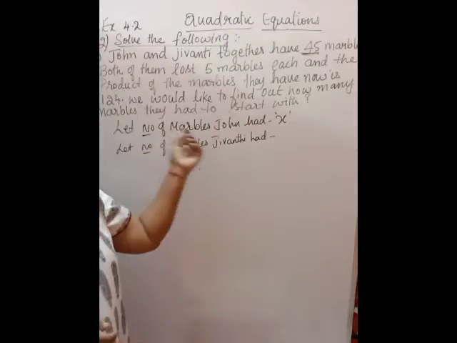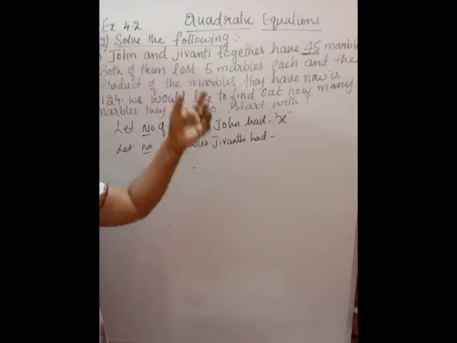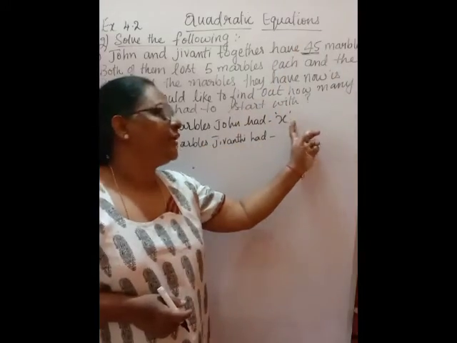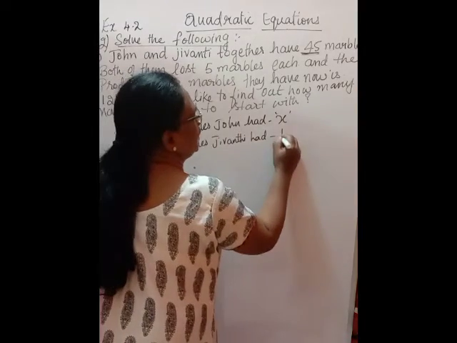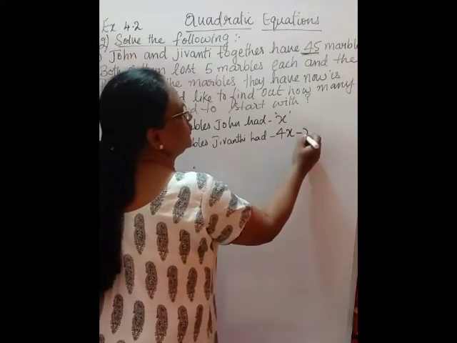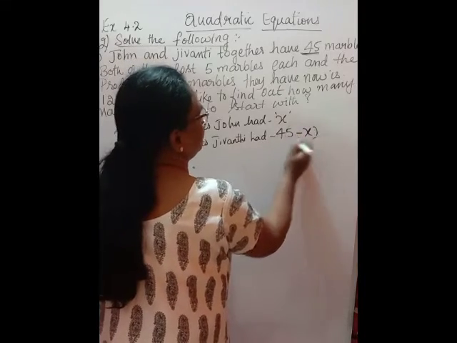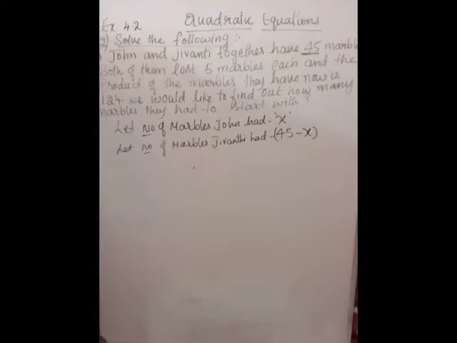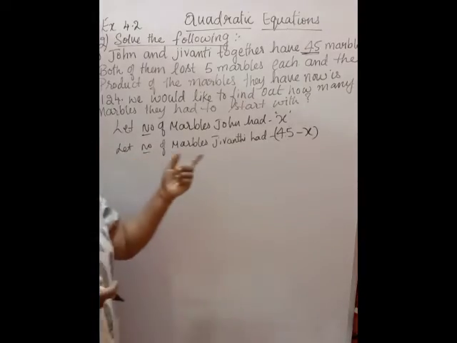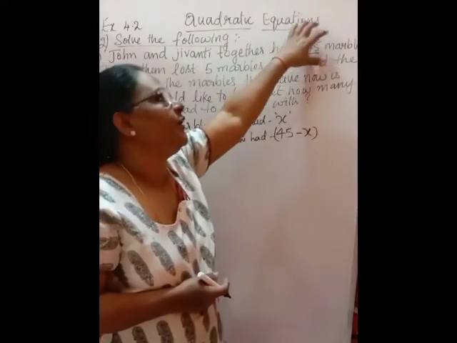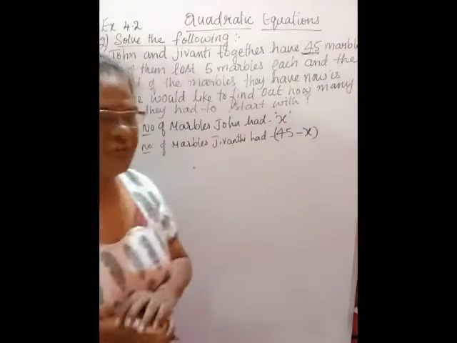Out of 45, I have called John's number of marbles x. So from the total 45, subtract John's marbles, and the remaining will be Jivanti's. Jivanti had 45 minus x.